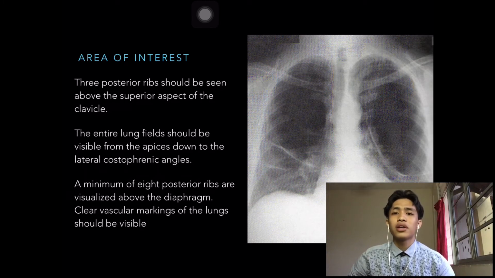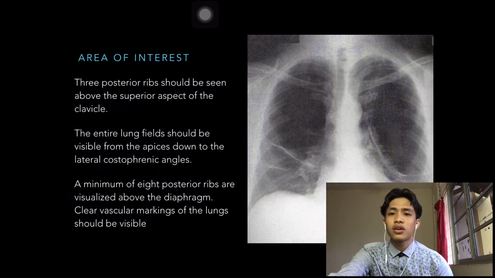Clear vascular markings of the lungs should be visible. This one is an example of a radiograph of AP chest erect, showing the area of interest that should be seen.